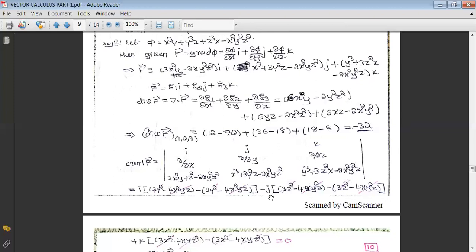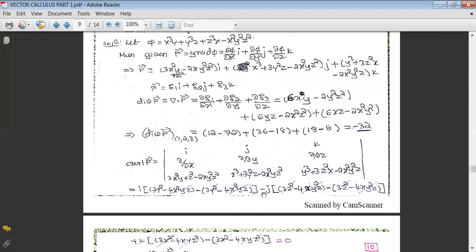If you simplify this one, that is i into, if you differentiate this one with respect to y, that gives you 3y square, and this becomes 6x square z, minus, if I differentiate this one with respect to z, this is going to be 0, that is 3y square minus 4x square yz.